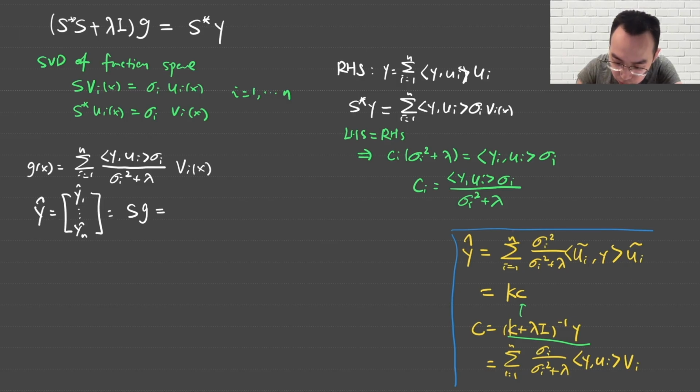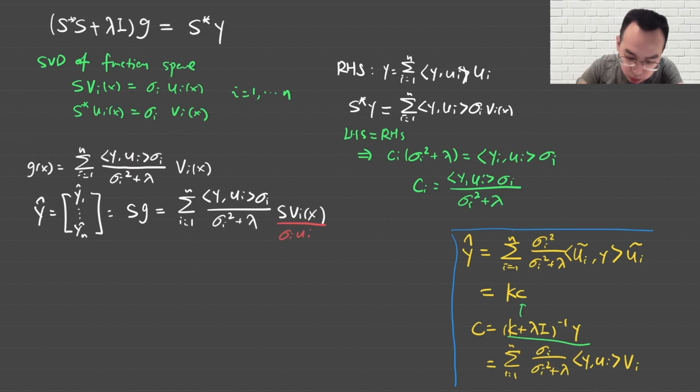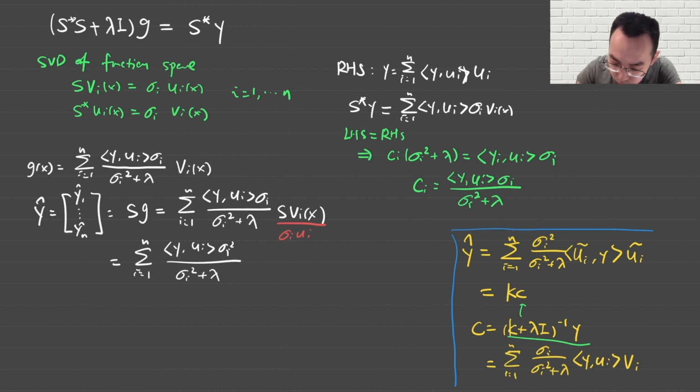Let's write it out: summation i from 1 to n of the dot product of y and ui, times sigma i over sigma i square plus lambda, and then S acting on vi of x, which gives us sigma i ui. We'll have the summation i from 1 to n of y dot ui times sigma i square over sigma i square plus lambda, times ui.